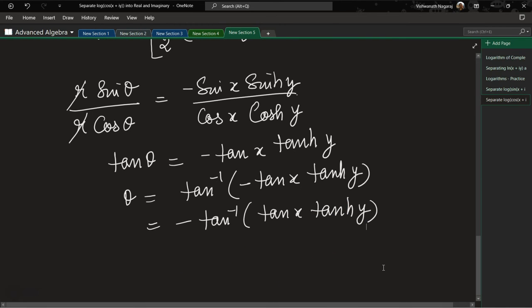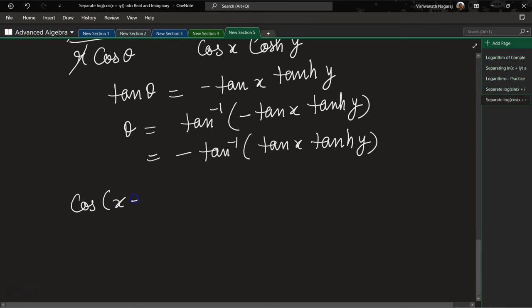Okay, so we have found r and we have found theta. Cos of x plus iy, where we can use r and theta. We already know that it is r times cos theta plus I sin theta.